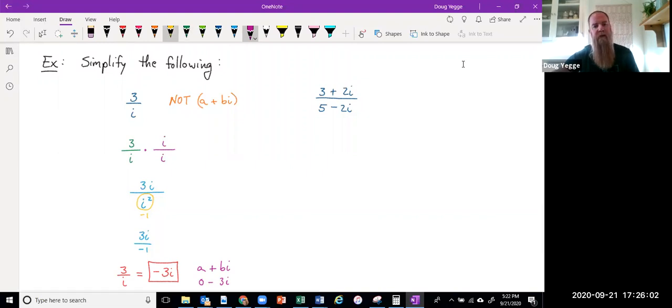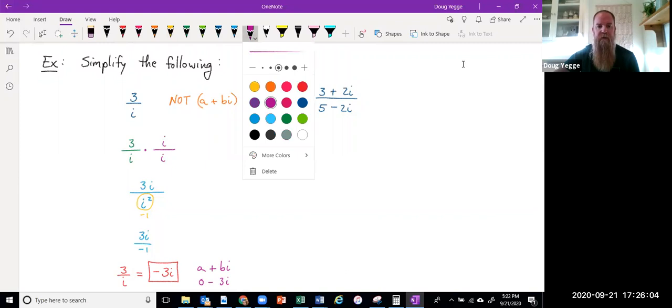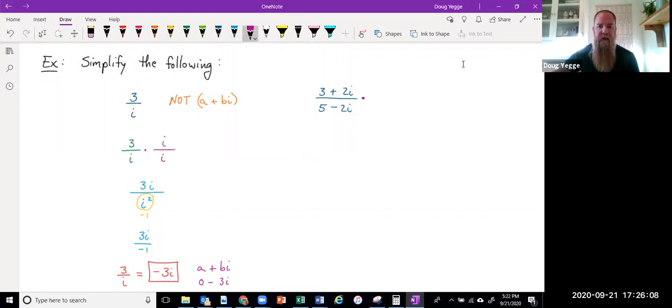But if we take a look at the one on the right side over here, we should realize that now we need to multiply by something that's again going to eliminate the i. So you may think again, let's multiply by i. But look at the issue with this. Although i will cancel this one because that becomes i squared and therefore a real number, now the i would just move on to the 5 to get 5i.